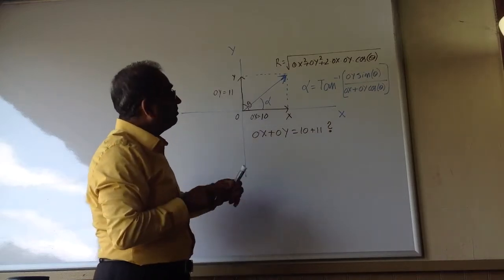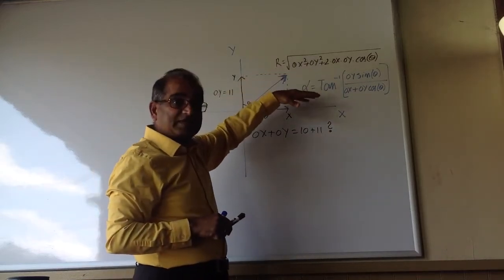So, this completely represents the sum of the two vectors.